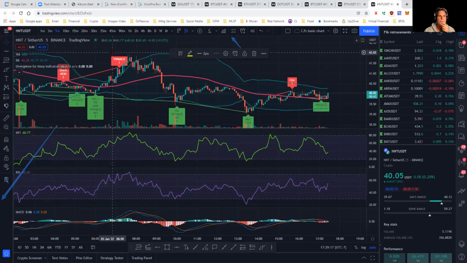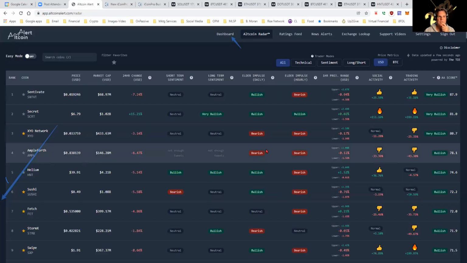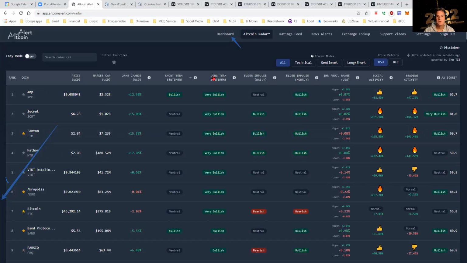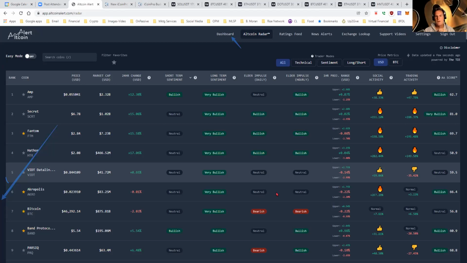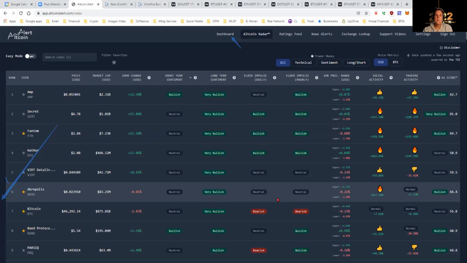Let's go to Altcoin Alert and what we've had so much fun with lately, at least I have, which is the long-term sentiment sort. You might recall, on a Tuesday afternoon call, Josh Frank got on and said how much success people could have if they just bought off the long-term sentiment sort, like the top 5 or 10 or 20, I can't even remember the number.